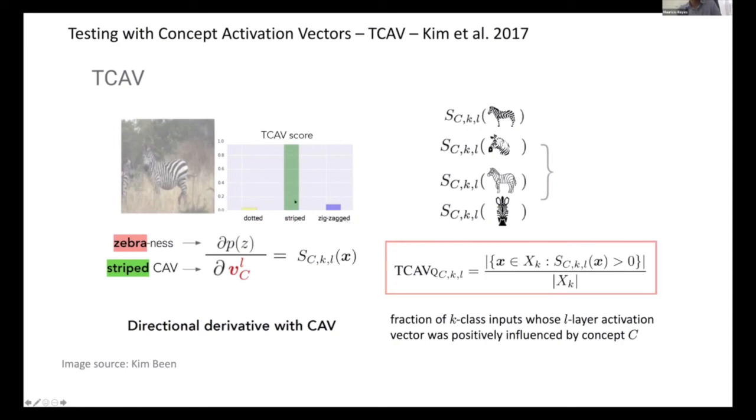And you can see that this model is very sensitive to the stripe concept, telling us that to classify this image, let's say as a zebra, the pattern or the concept of stripe is very important to the model. So that way we can perform quality assurance of the model. We can verify any potential bias. Let me show you an example here where they detected a bias in data.